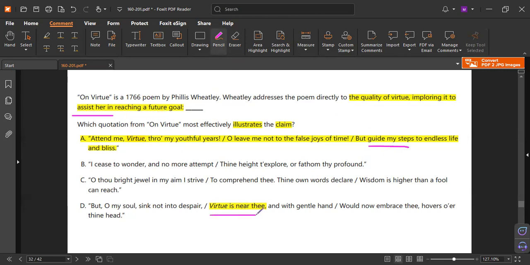So here we have a small part of the claim, but not all of it. That means the test maker gives you two points, not all related. Here half of the answer is correct, but not all of it is covered. But letter A mentioned both: the virtue and then guide me. That's it.